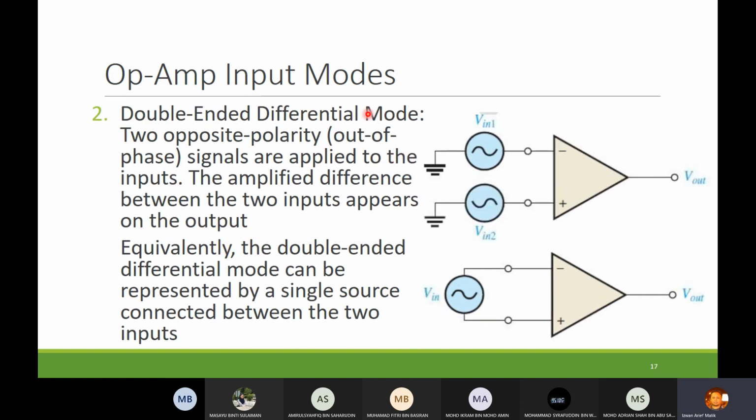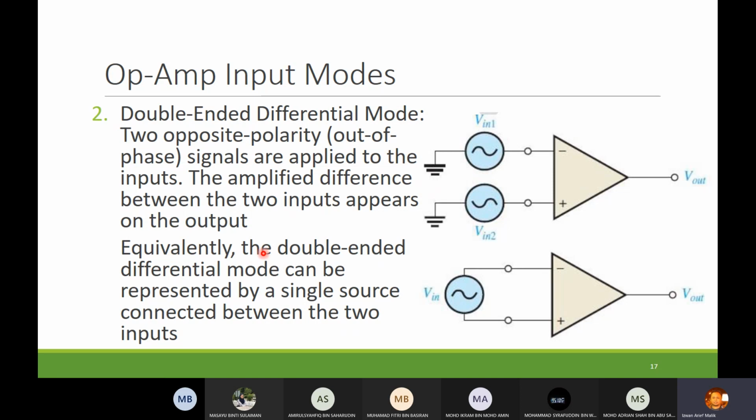For double-ended differential mode, two opposite polarity, out of phase signals are applied to the inputs. So kedua-duanya kalau kita tengok dia mempunyai phase yang berbeza lah. Satu bentuk positif negatif, satu lagi negatif ke positif. The amplified difference between the two inputs appears on the output.